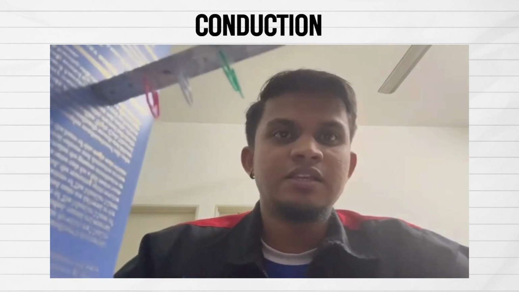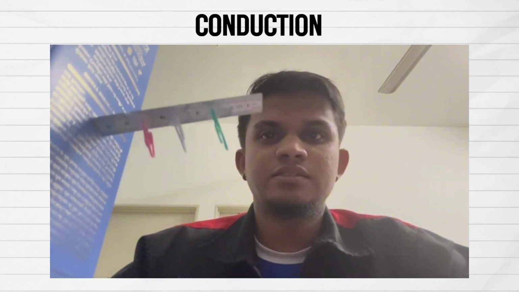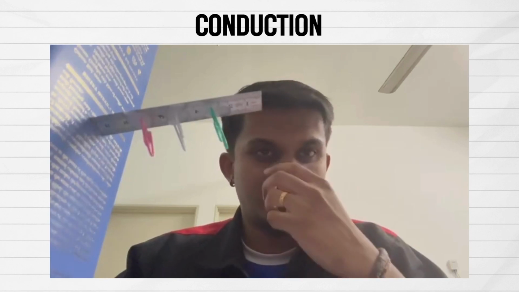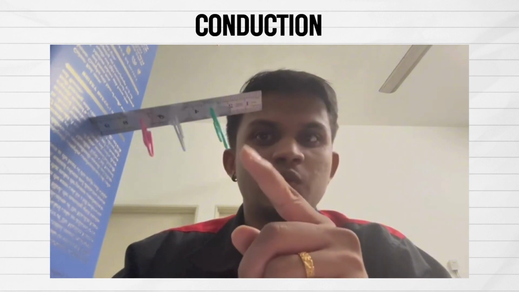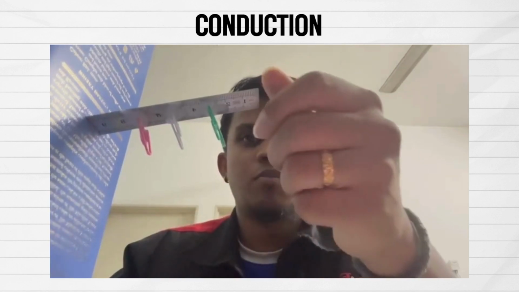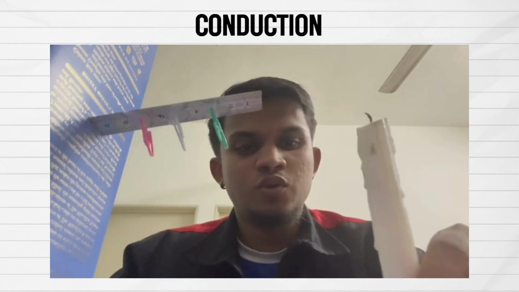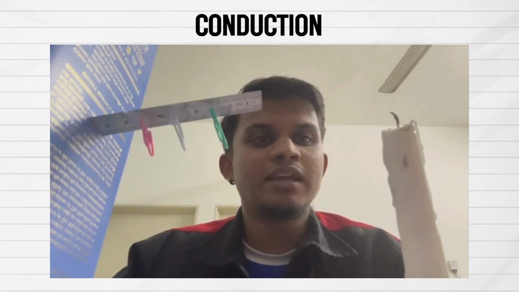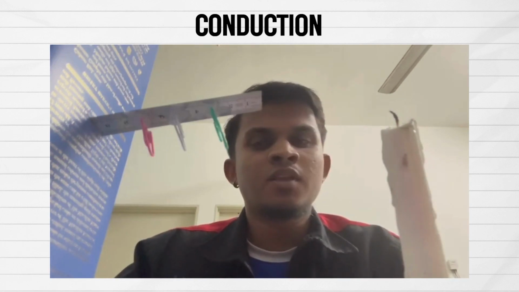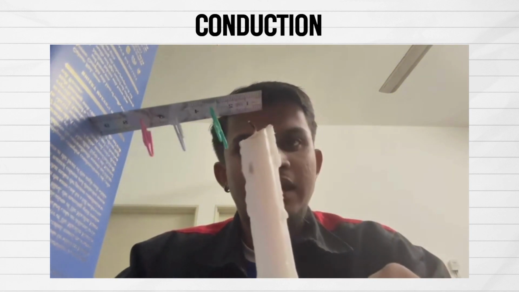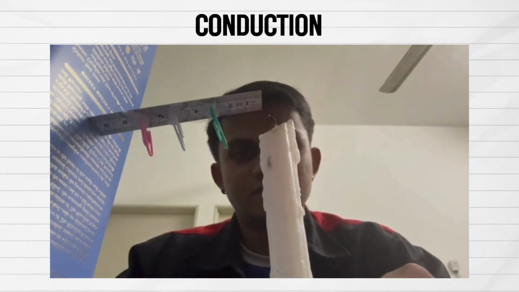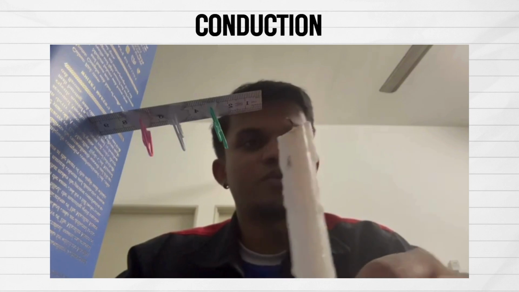Firstly, I've prepared a metal ruler, and I've attached paper clips using wax, and a box to hold this, and we need a candle. This experiment is, I'm just going to light up this candle and we're going to place it at the edge of the metal ruler, and we're going to see what's going to happen.